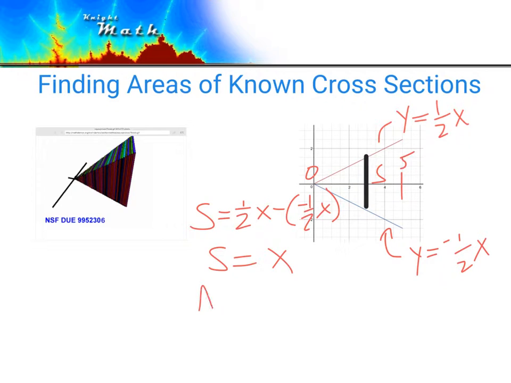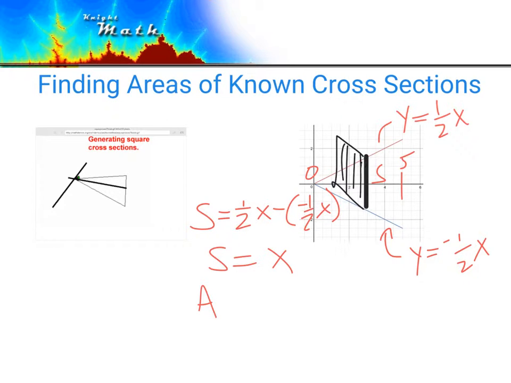So the area of one of these squares, if we imagine this square stacked on top of that, is going to be s squared. And since s is the same as x, that's x squared. Well, we're just going to add the area of all of these up.